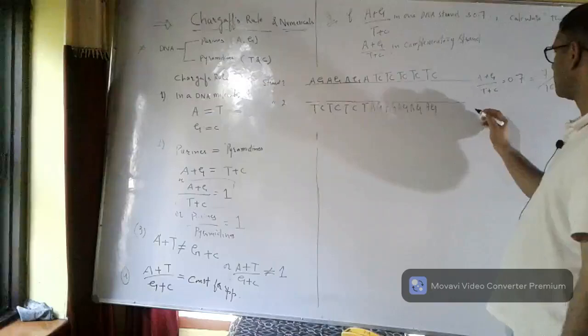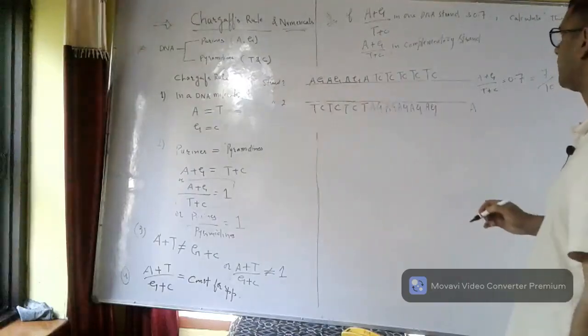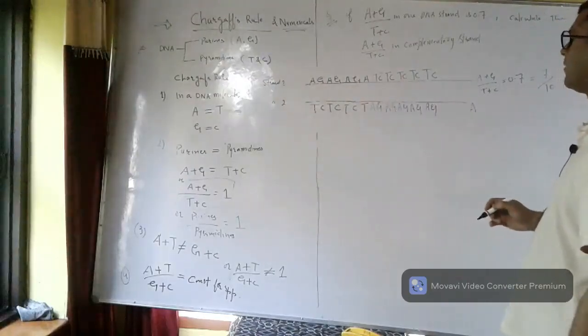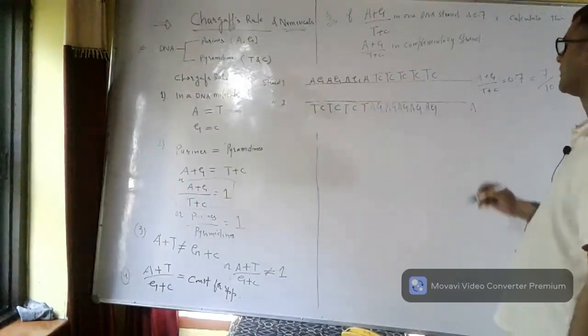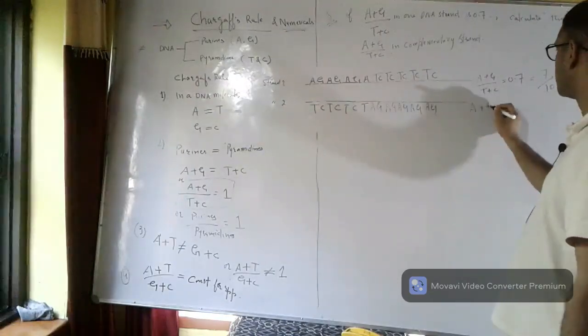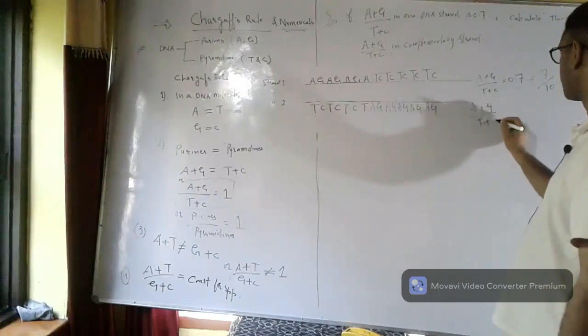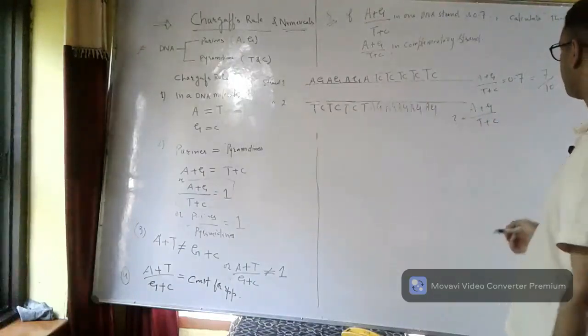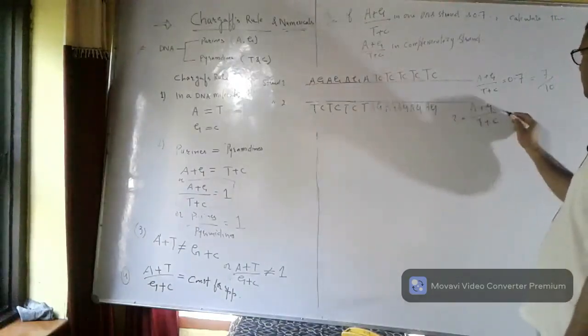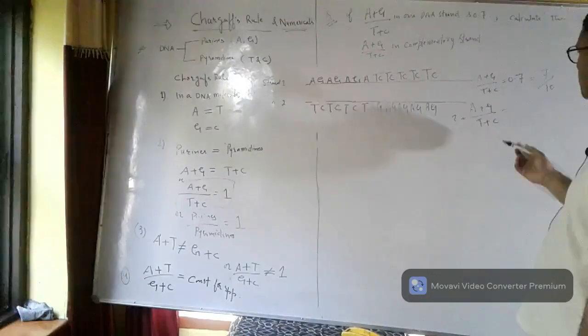So now, what is the base ratio of adenine plus guanine by thymine plus cytosine in this strand? We will calculate it. Adenine plus guanine, how many are there?